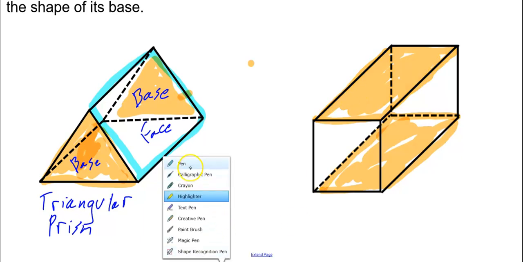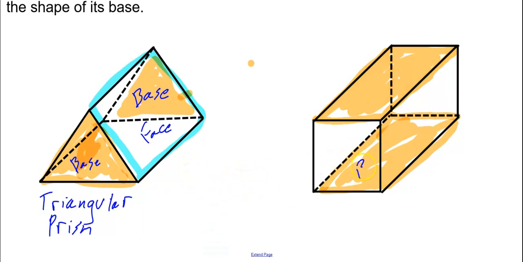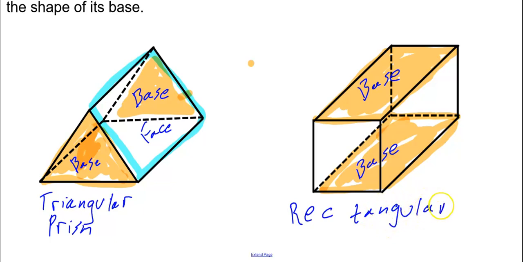So these 2 bases are rectangles. So this is a rectangular prism. They're named by the bases. And the bases are always congruent to each other. So this front triangle is congruent to the back triangle. The top rectangle is congruent to the bottom rectangle.